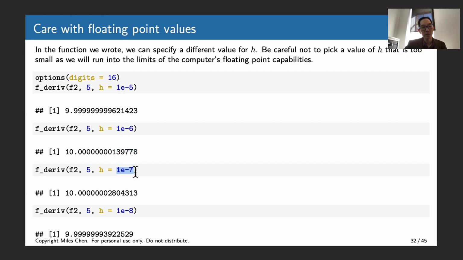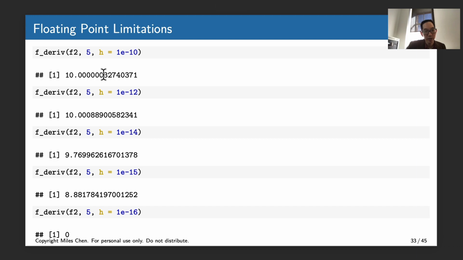And if I do 10 to the minus 7, we notice I'm off by a lot more. I lose accuracy. I lose an entire decimal place of precision. If I shrink it even further, 10 to the minus 8, I'm even more off. And at 10 to the minus 10, I'm more off.